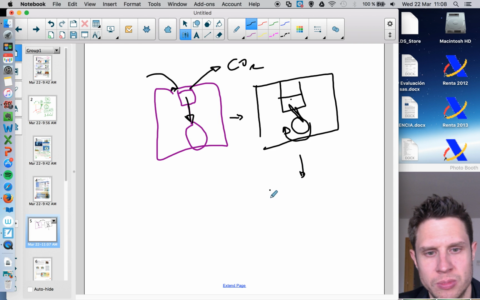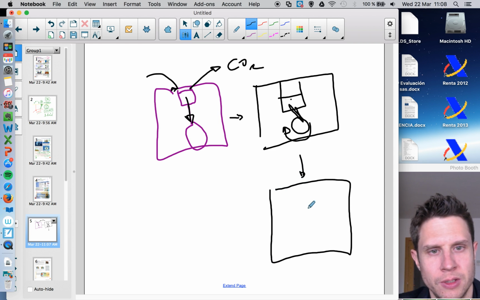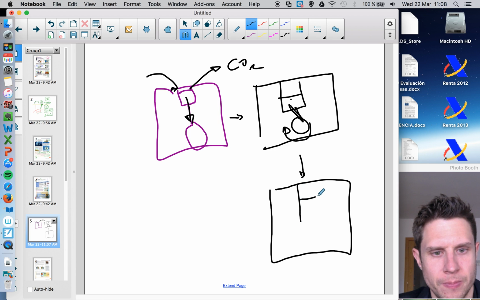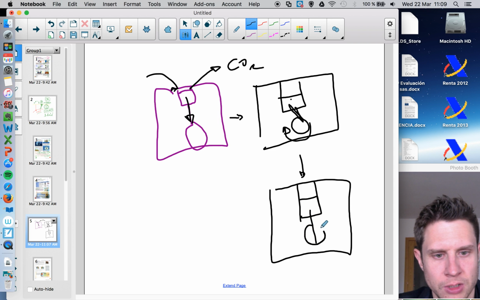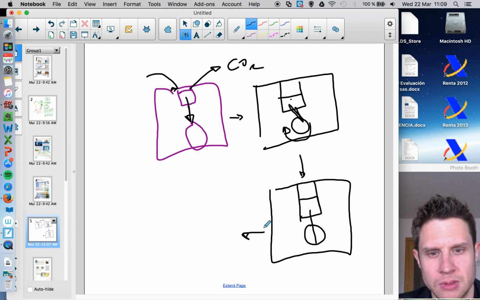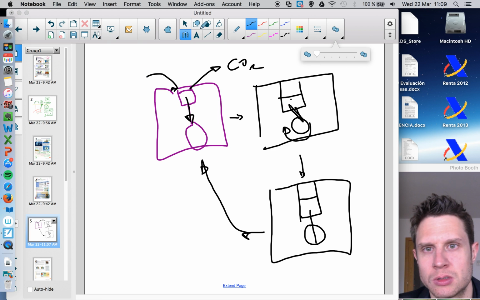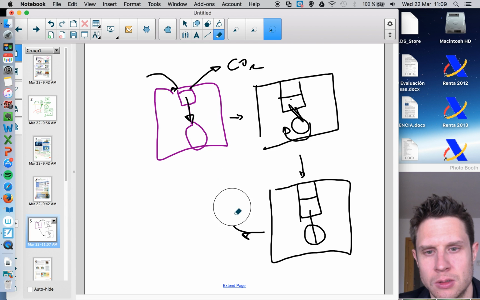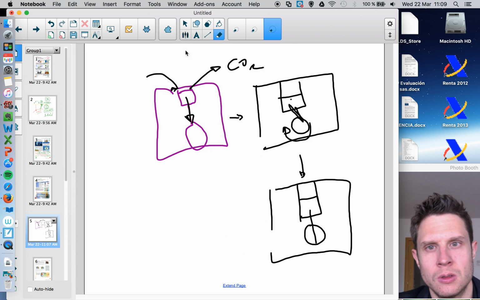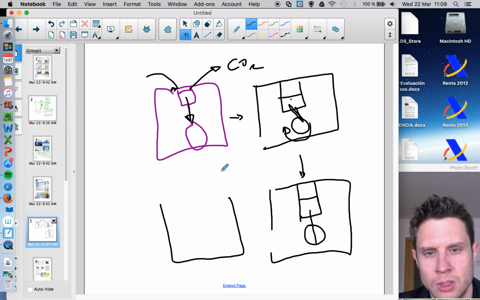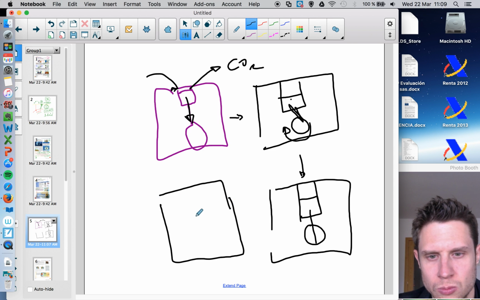Next step will be this one. We have here the piston, and then circular. And then the next one, the movement will be this one. I'm gonna sort it four times.